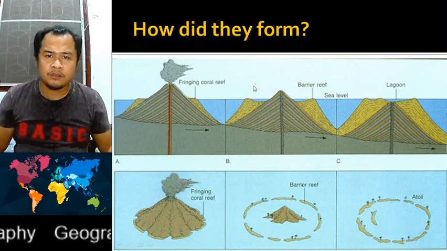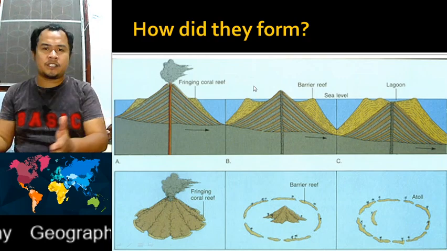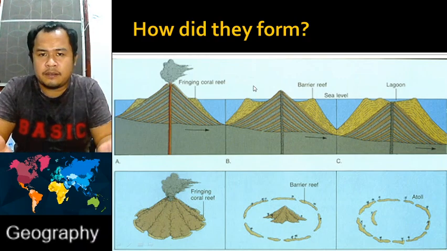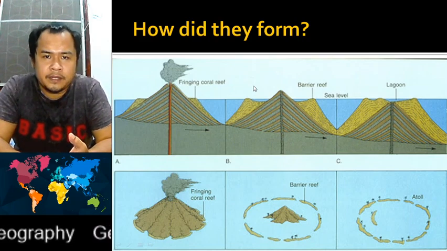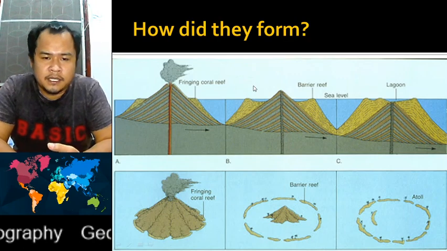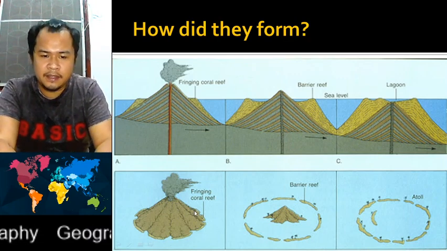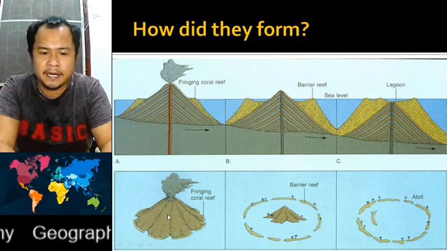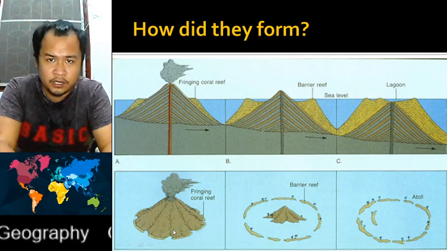Okay, so how do they form? Now you will notice that this is a succession from a volcanic land or a volcanic island. Remember, we talked about islands during the tectonic plates lesson. From a volcanic island like this one, a volcano is making the land. And along the sides of this island, you will see fringing coral reefs.